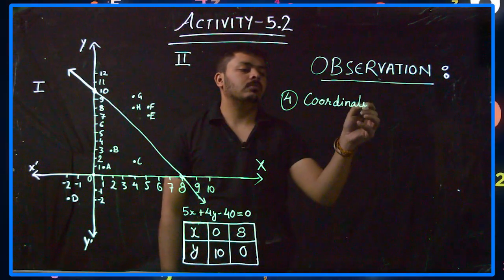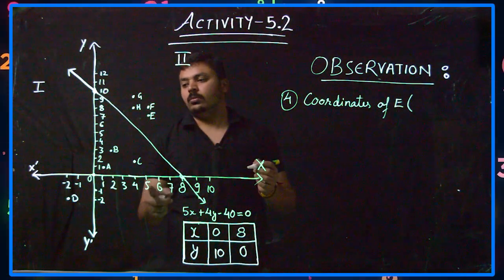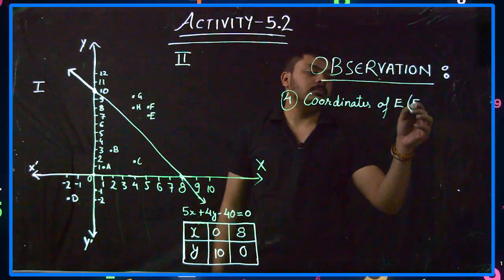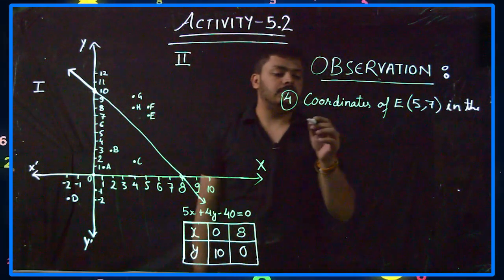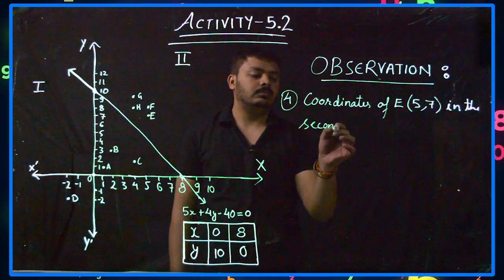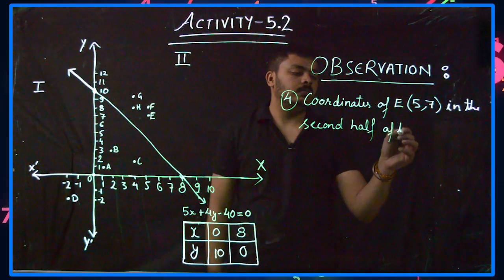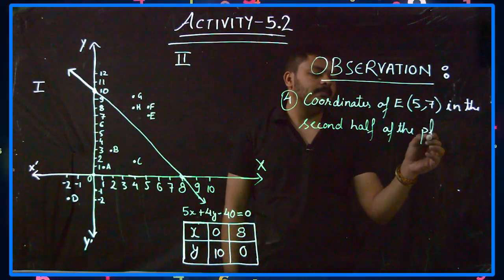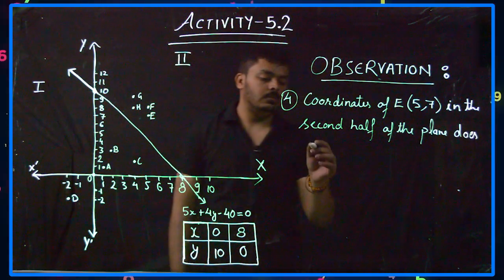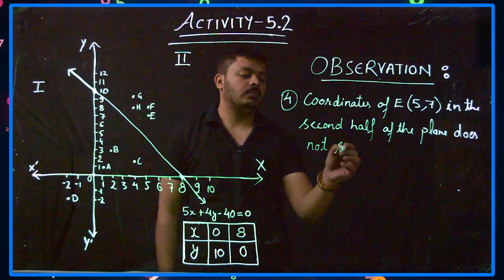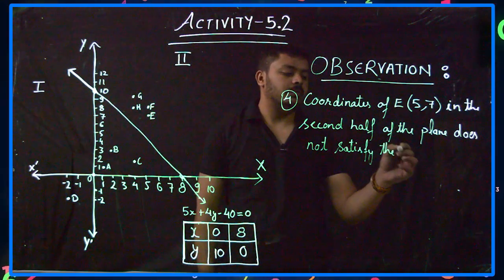Coordinates of E (5, 7) in the second half of the plane do not satisfy the inequality.